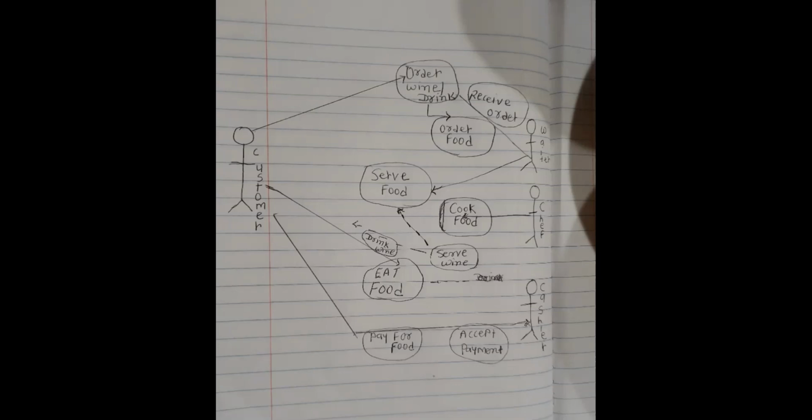Then the chef in the middle is cooking the food, and the client is the one eating the food and drinking the wine. Also, the waiter is serving the wine if he ordered it. And the customer is the one paying for the food, and the cashier is the one accepting the payment all the way at the bottom.